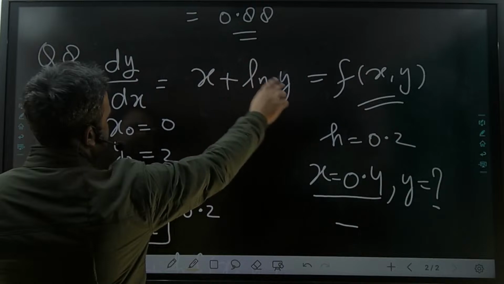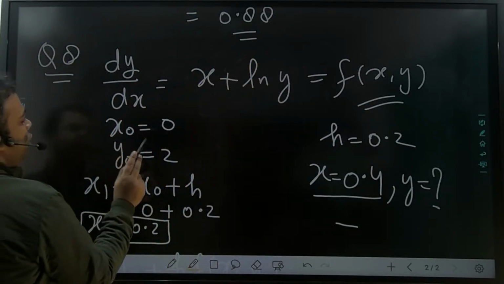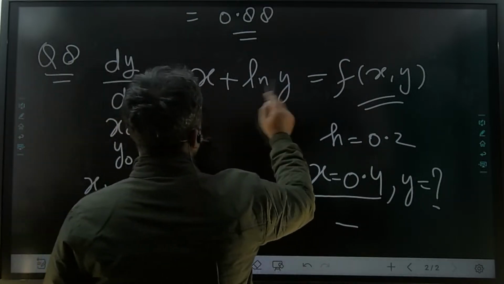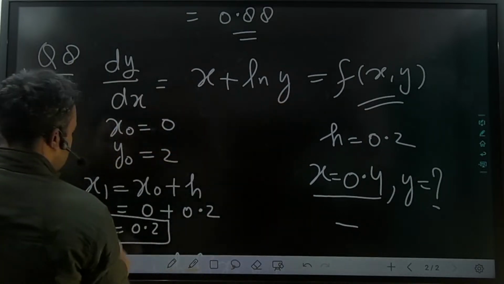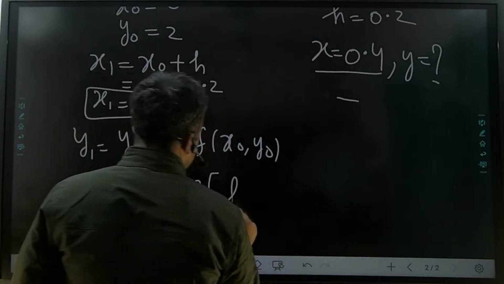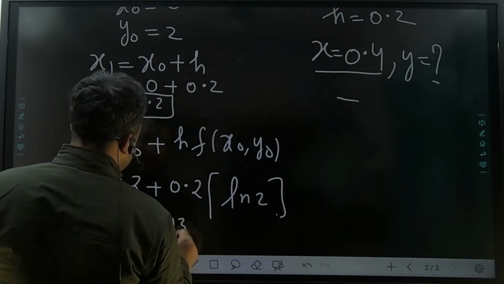So function is this. Get this value when x naught is 0 and y naught is 2. x naught is 0 means x replaced by 0 and y replaced by 2. So log 2 will be there, right? So the function value at x naught and y naught is log 2. And when you solve this, you'll get near about 2.138.